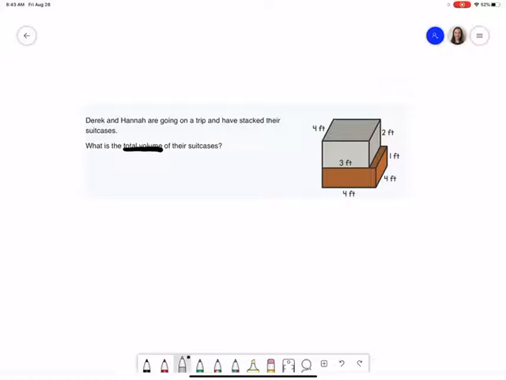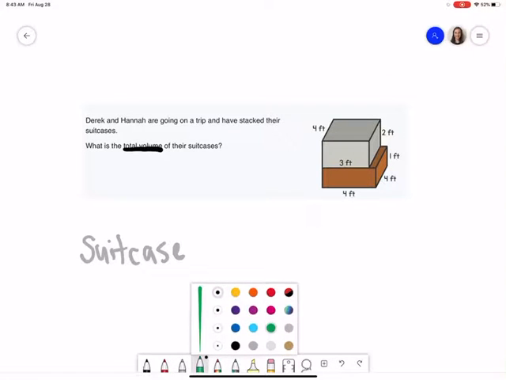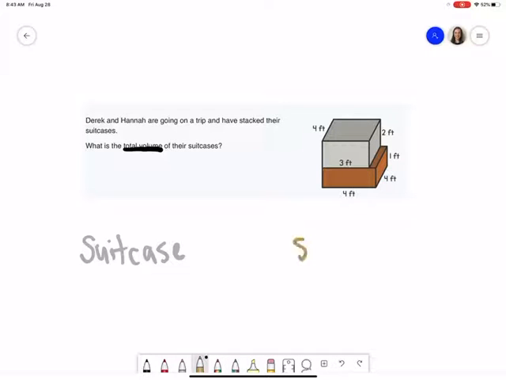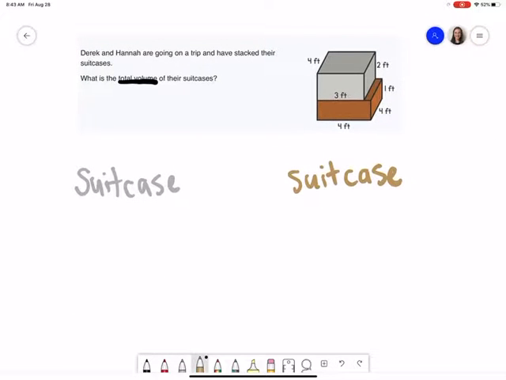So over here, we have the gray suitcase. And over here, we have the brown suitcase. Okay. I'm going to just do another line like we did before. That's going to help us keep our volumes separate.